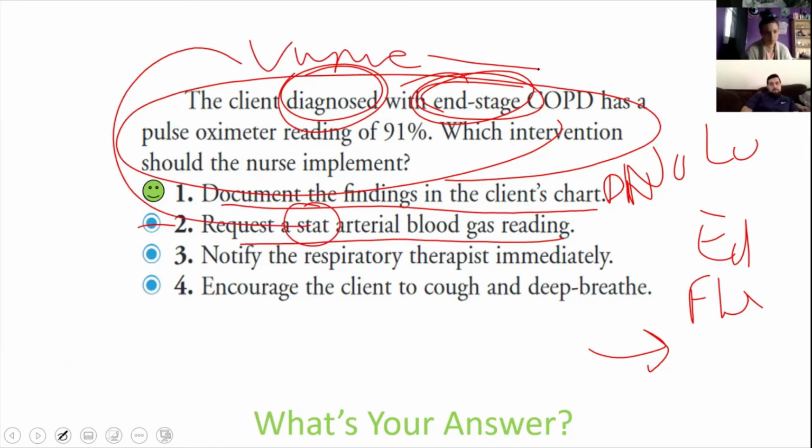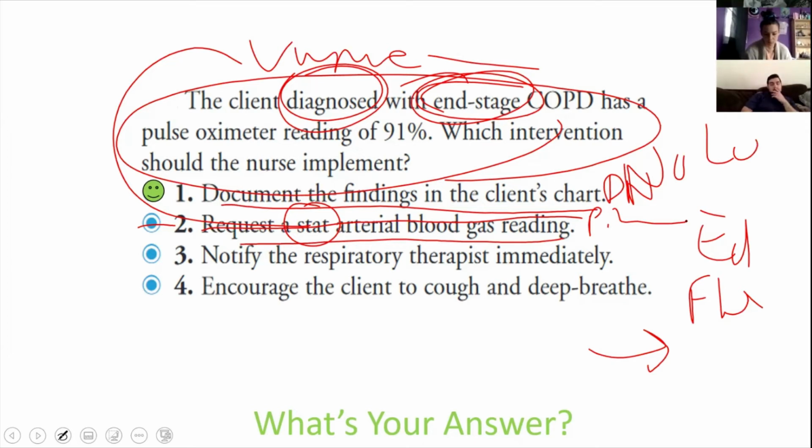No. That's like saying remove this and prepare for intubation. I mean, it's the same thing. It's stat, it's acute, but we never do acute things on vague things. We need more data, right? So to do something, an intervention that's so acute, you don't just do it on one pulse ox.